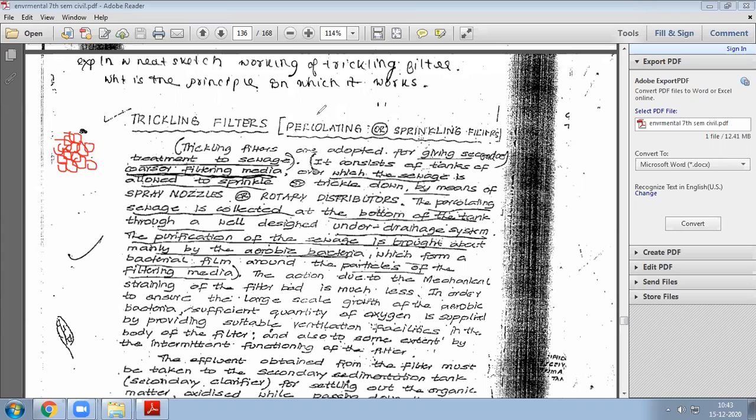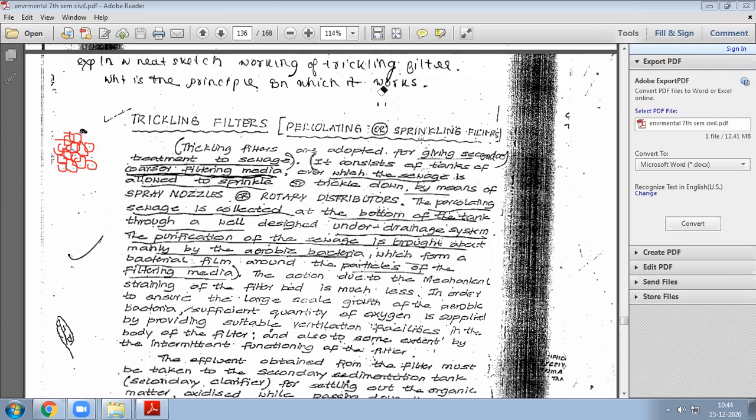So what happens here? Some growth of microbes also happens above this layer. Now above this stone layer, microbes also can grow. This whole system, we call it an attached growth system. Why? Because the microbes are attached here to a coarse material or any rigid filter material.